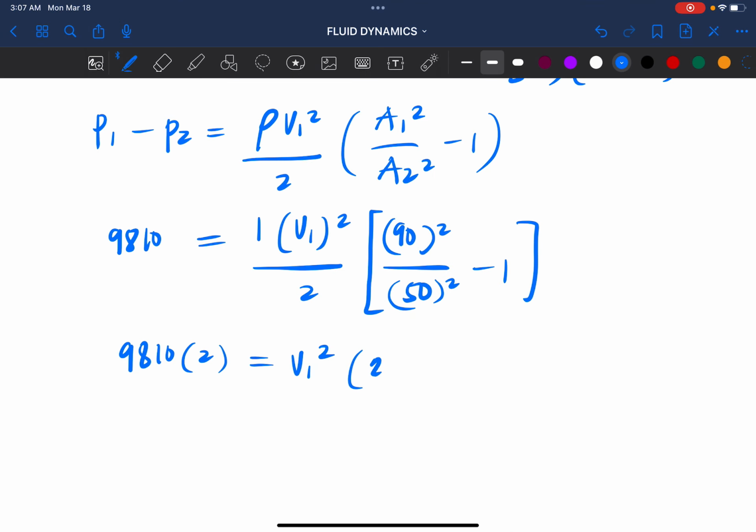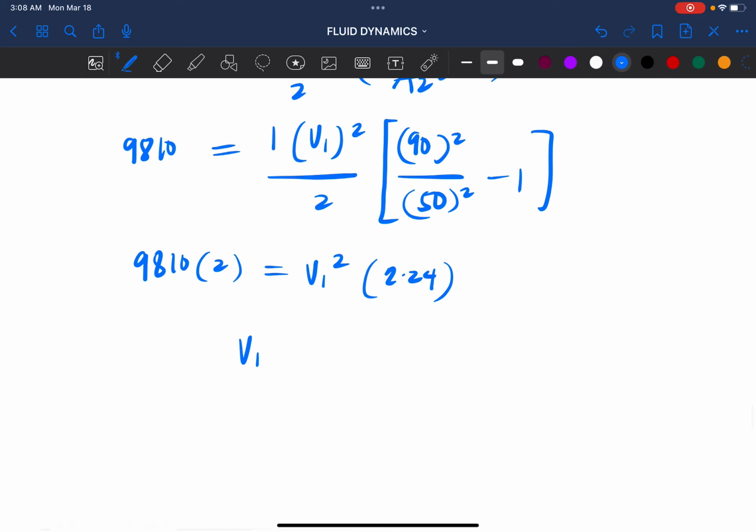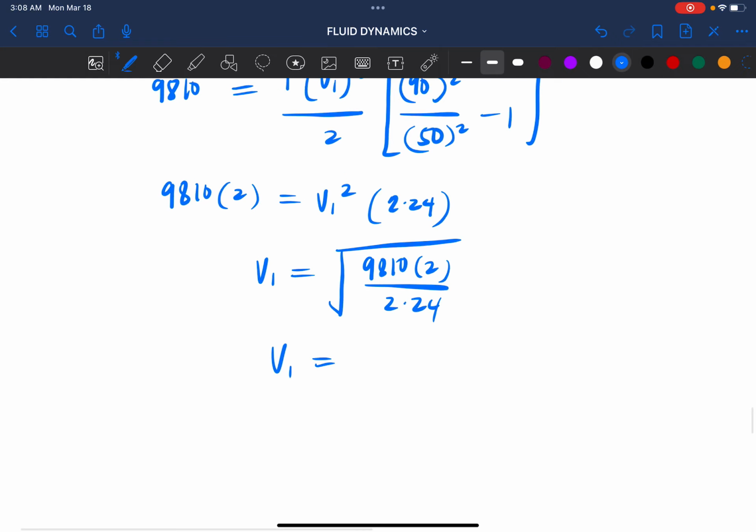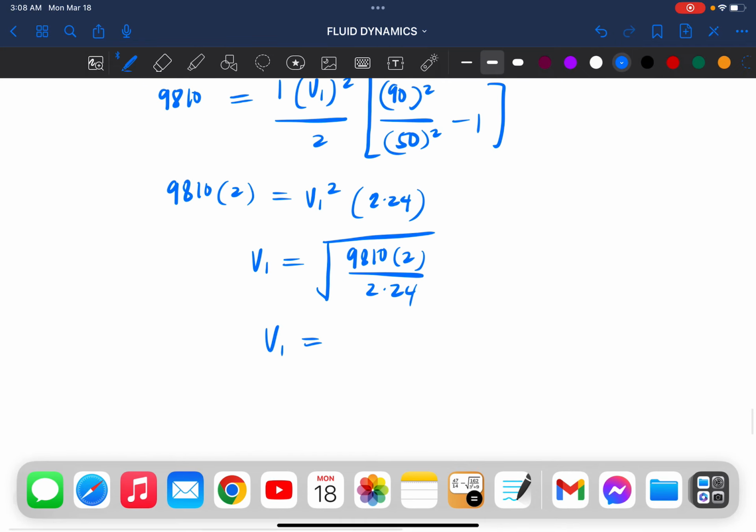That is 2.24. And then, lastly, para makuha natin V sub 1 is equal to square root. Ilipat nyo to sa baba dito. That is square root ng 9,810 times 2 over 2.24. So, since uniform na yung mga units natin, centimeter per second na yan.